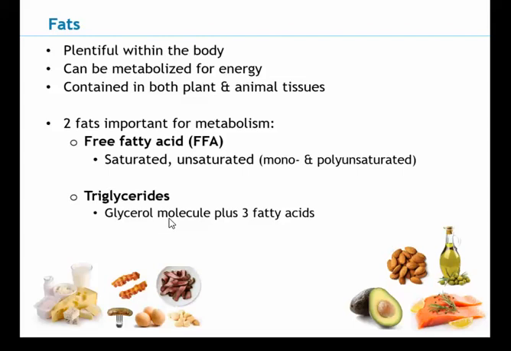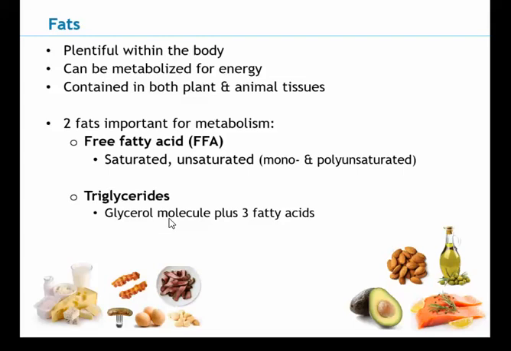What is a glycerol molecule? It's basically a food sweetener or a food preserver. It's added to low-fat foods as well. It's actually sweeter than sugar. It's colorless and odorless. So when that's combined with 3 fatty acids, you get triglycerides, kind of the storage form of it.